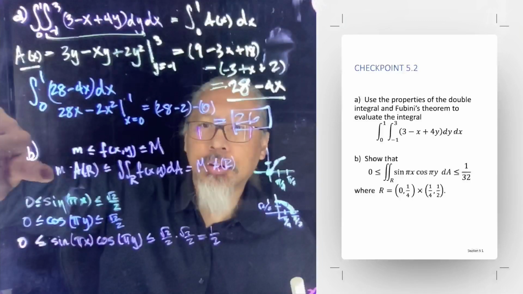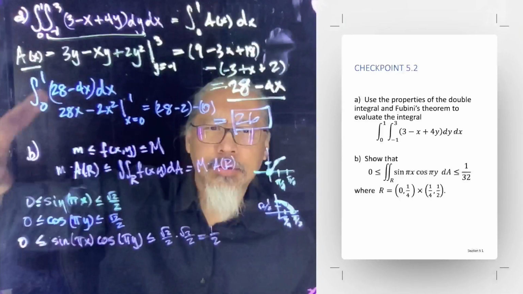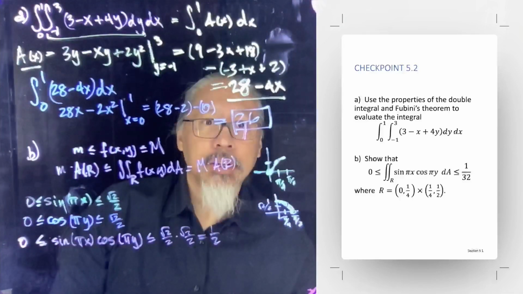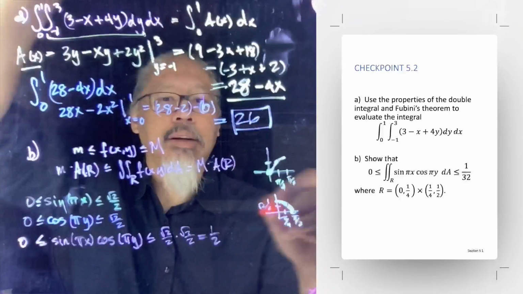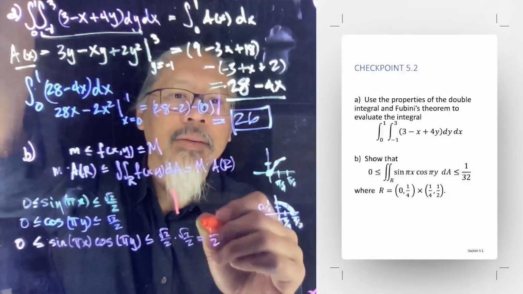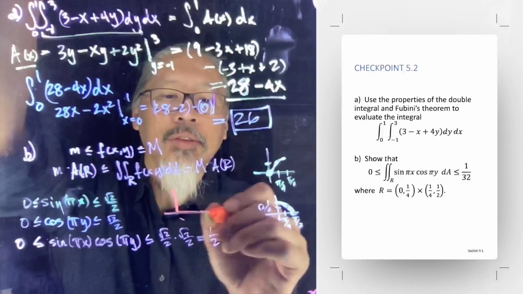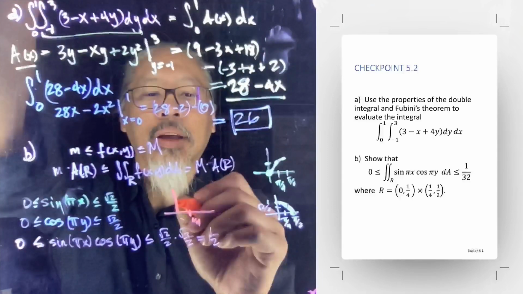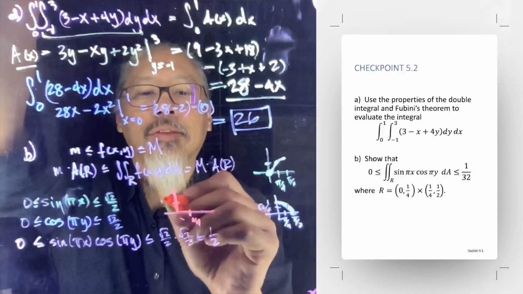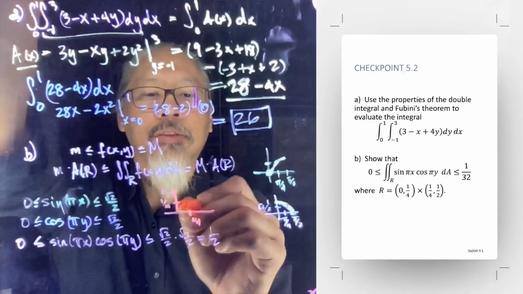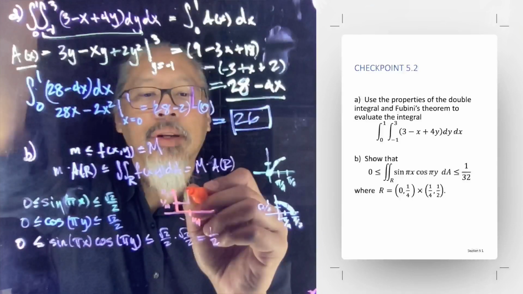And now if we're going to look at this over a rectangular region, we need to find the area of the region. Well, what is your region? Your region looks like R is from 0 to 1/4 and from 1/4 to 1/2. So from 0 to 1/4, 1/4 to 1/2.